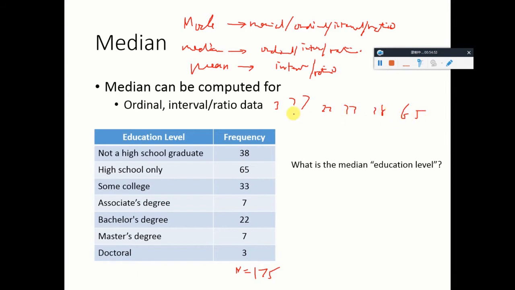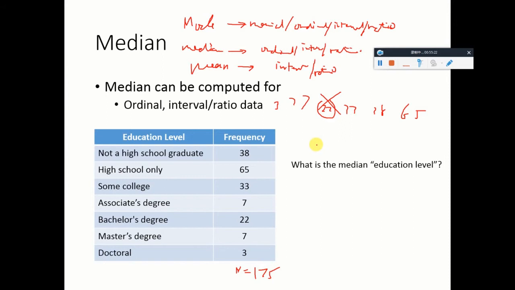Fantastic. We have an odd number of values, so the middle value should be 22. Isn't this the median? Because we have 7 values, this is the value right in the middle, and this is an ordered sample, so this is our median, bachelor's degree. The answer is wrong.